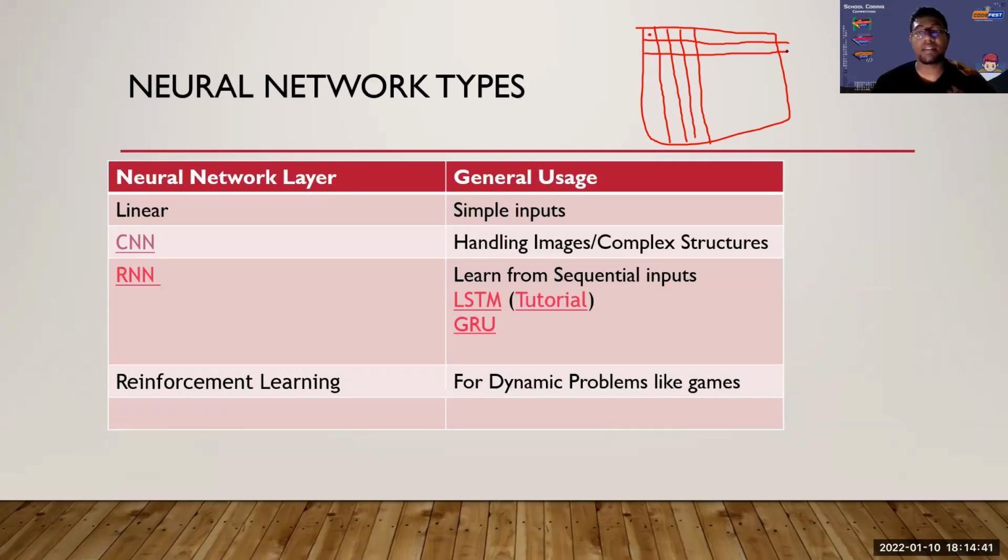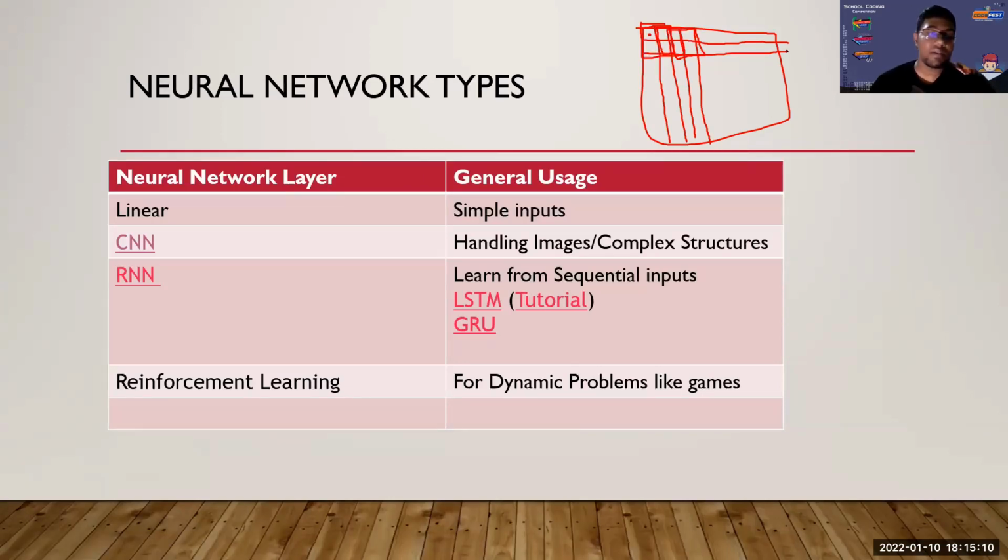So in order to handle this type of complex input, we can use convolutional neural networks, which consider a set of pixels and try to learn or observe what is in these different blocks of pixels.